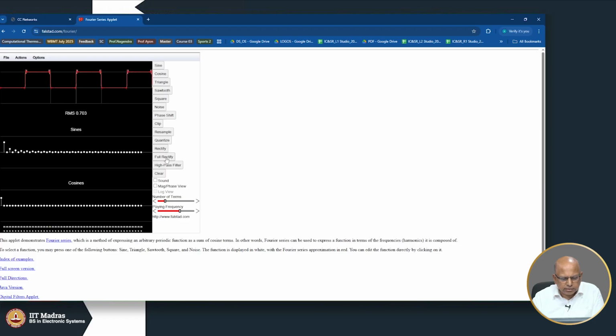So, you can also try out rectification, right? Full rectified waveform and so on and so on. I think you can also hear the sound. See, this is a pure sine. If you take a pure cosine, it may look like this.